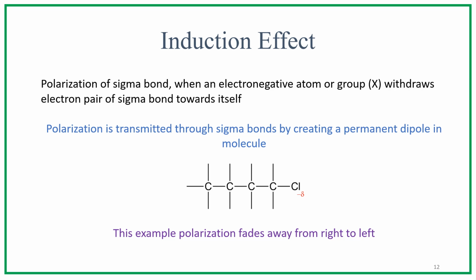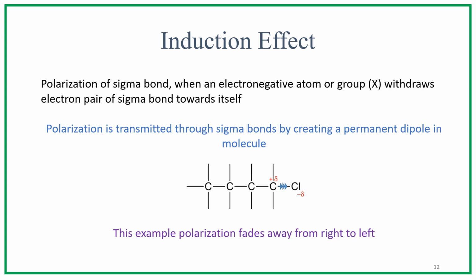This negative charge can take place because chlorine has high electronegativity, therefore it withdraws electrons towards itself, and therefore C plus, the carbon atom just attached to chlorine, because chlorine attracts these electrons. So from the organic part they withdraw their electrons to the chlorine side.